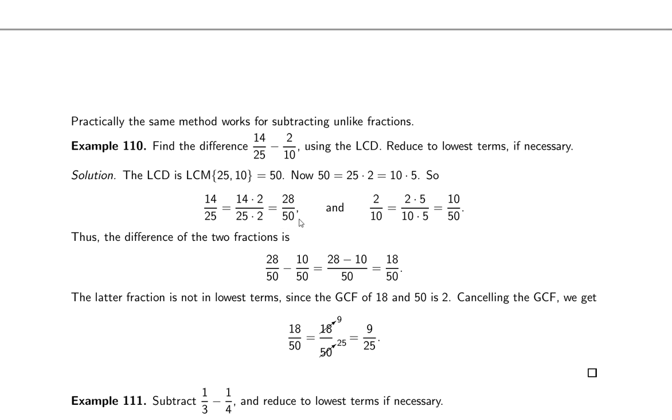I guess there was an easier way to do this question. This 2/10 is really 1/5. So that might have been a better first step here. If you simplify 2/10 to 1/5, then you get an easier question.